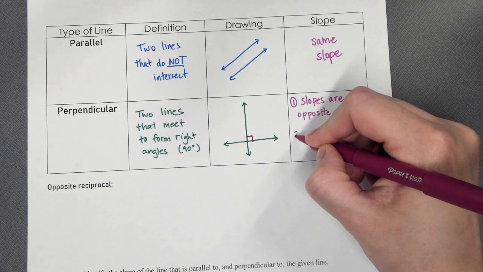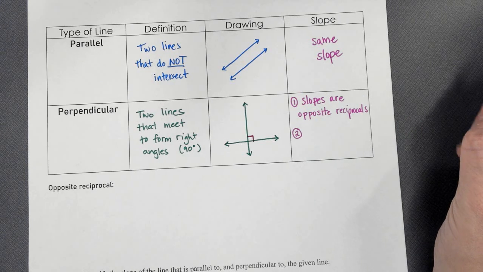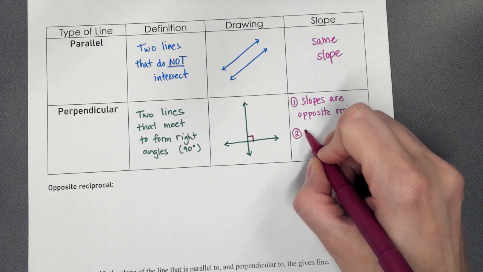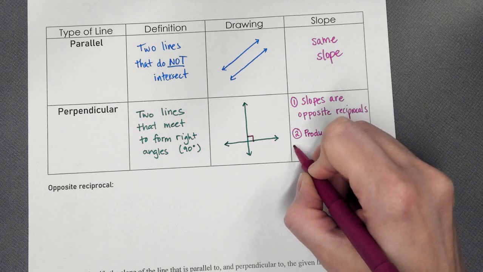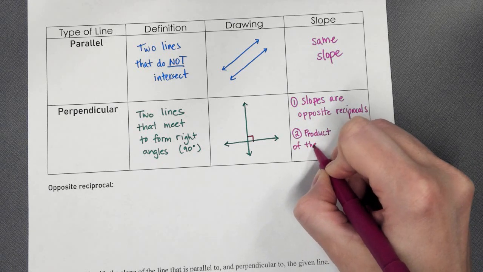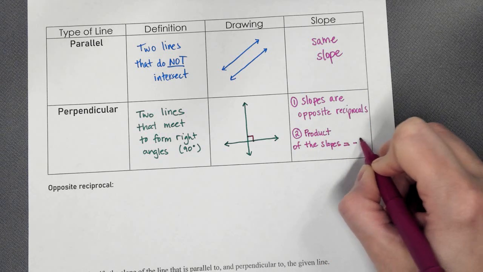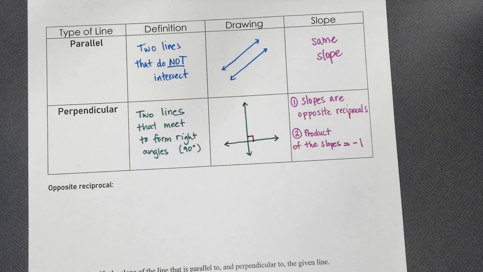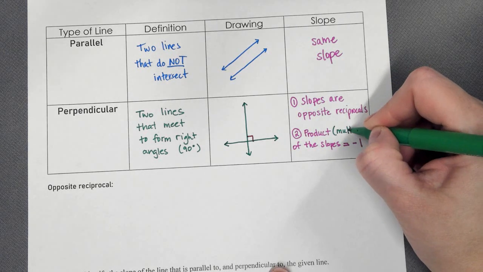And the second thing that should happen is when you take the slopes of those two lines, the product of the slopes is equal to -1. The product of the slopes is equal to -1. And remember, the product is what you get when you multiply.